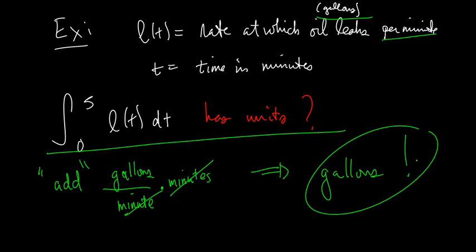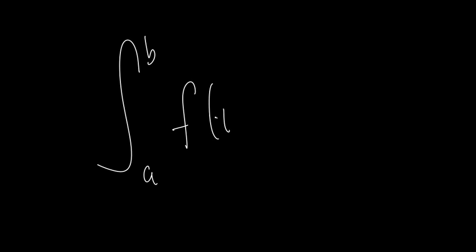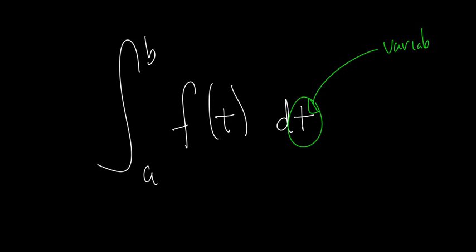Okay, so that's pretty much it. So you can always find the units of a definite integral as long as you know what the units of the integrand are and the units of the variable of integration. So just to be sure, if you're integrating a function f of t with respect to t, this thing, remember, what I've been calling the variable of integration, you need to know the units of that, and then dt will have the same units as that variable.